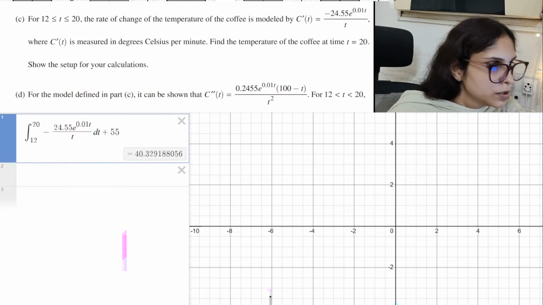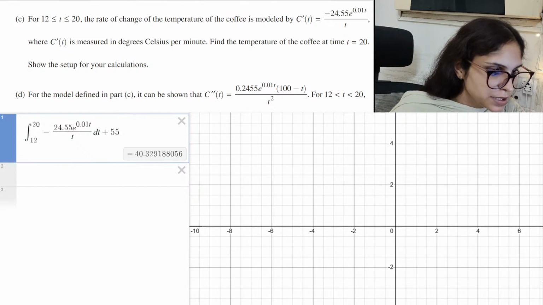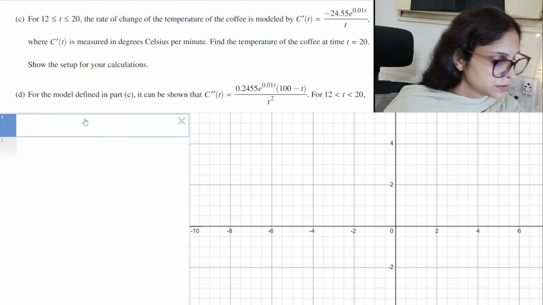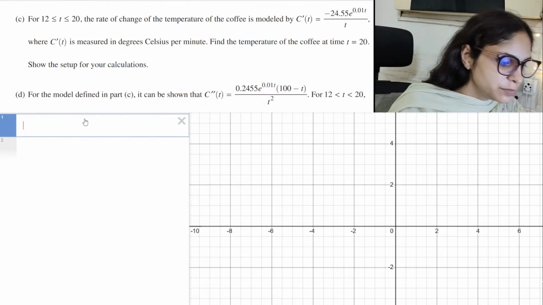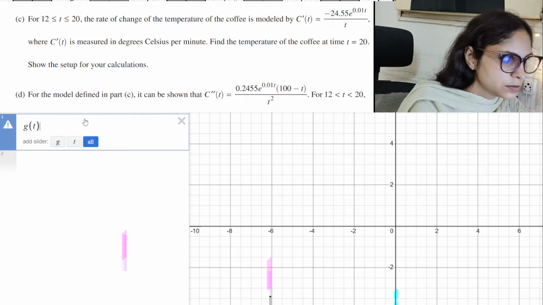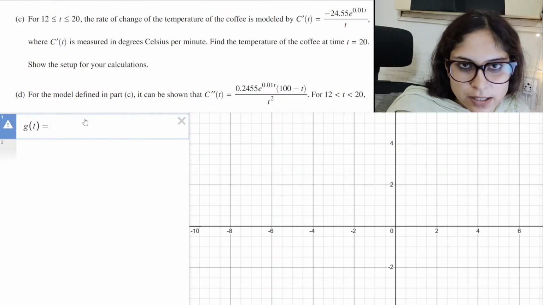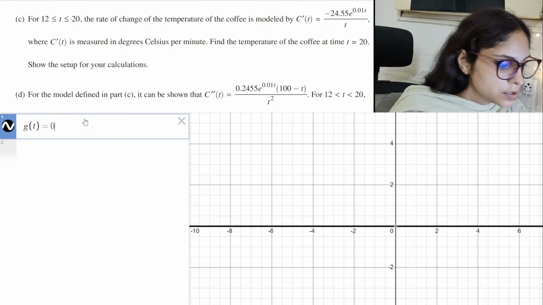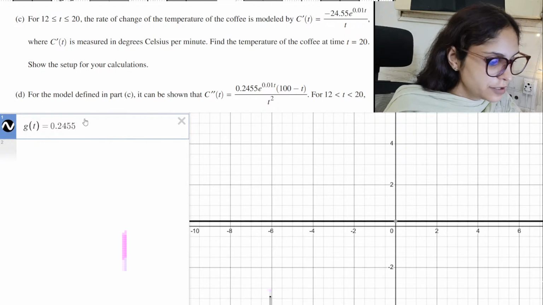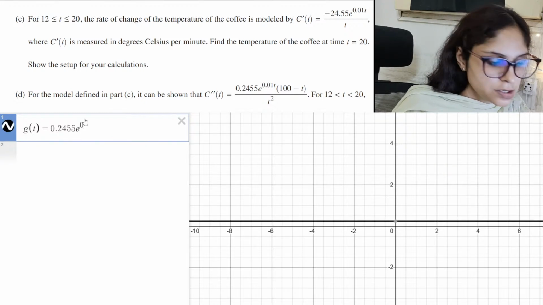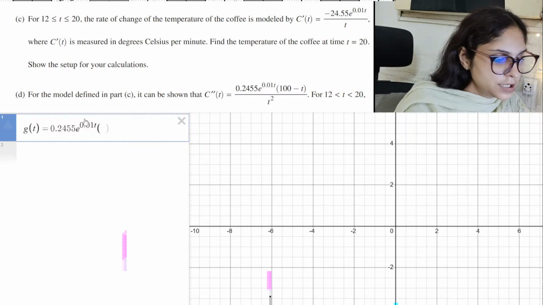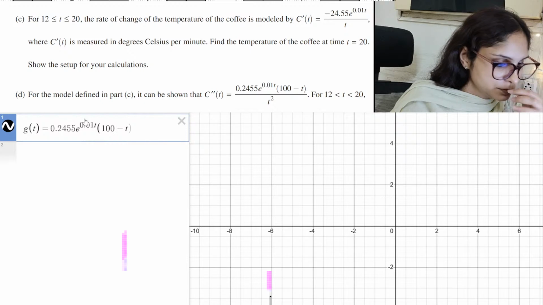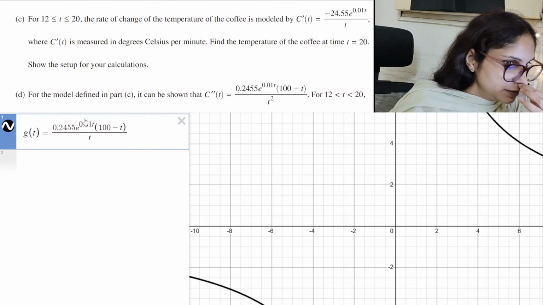So now we'll type C double derivative of t. I will just write g of t, and that is given as 0.2455 e to the power 0.01 t times 100 minus t divided by t.